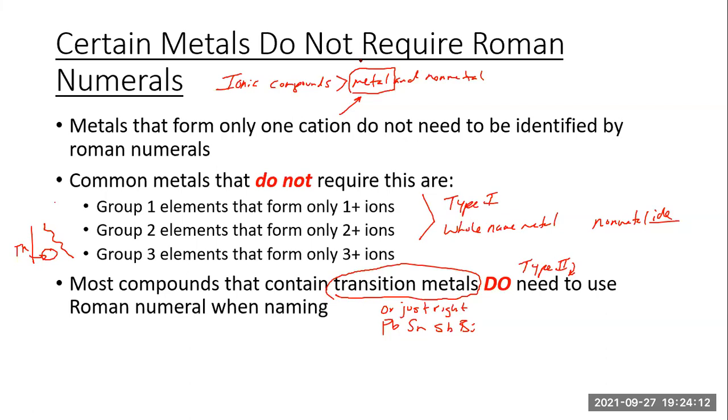When we do type 2 naming, we use the whole name of the metal and the Roman numeral, which is the positive charge on the metal, not how many you have of it. Then we use the non-metal like normal with the IDE at the end.